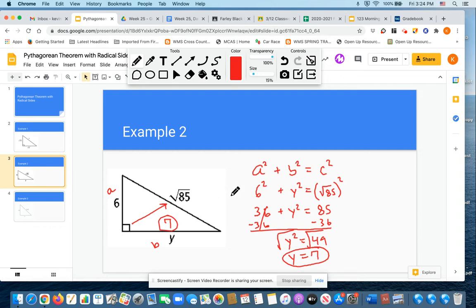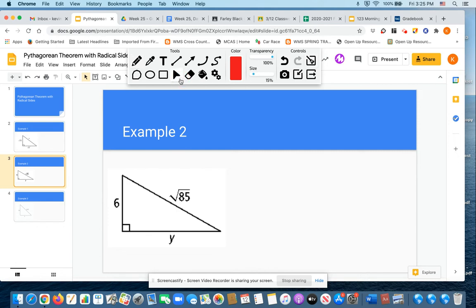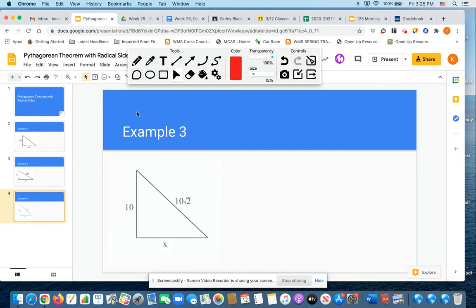And Mr. Robinette and I are hoping that you're not freaking out about the square roots. Take it one step at a time, and you can see it. So we thought we should show one more just to make sure you guys know and can follow. This one is, again, a little more complicated, this time for two reasons. But let's talk about it. We know the Pythagorean theorem, a squared plus b squared is equal to c squared.